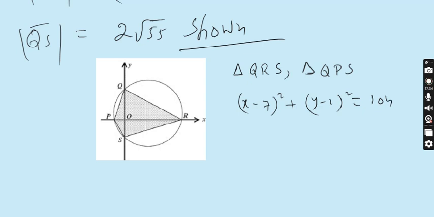So P lies on the x-axis, therefore the y value must be 0.